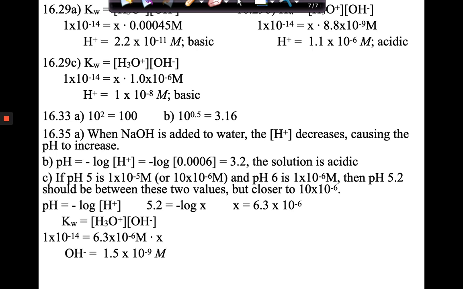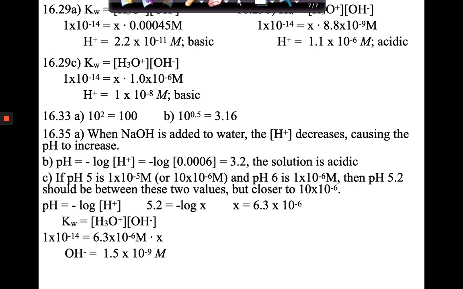On 29C, yeah, but what did I do? That doesn't look like the right answer. How does that make sense?